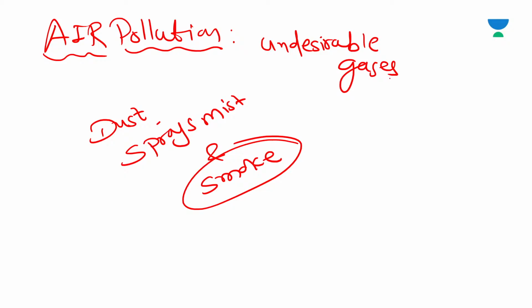Toxic gas leaks can be very hazardous with long term effects. So, I hope everyone is aware of the Bhopal gas tragedy. So, air pollution adversely affects human health, animals, plants, buildings, and the atmosphere as a whole.